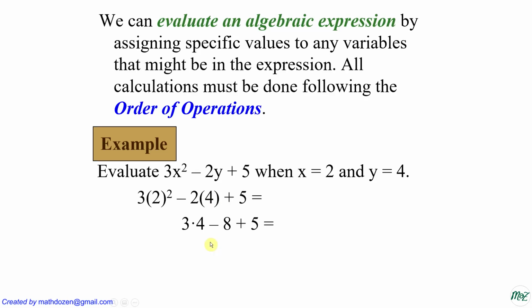Now, following the order of operations, we need to simplify 3 times 4. So that's 12 minus 8 plus 5. Now we have no parentheses, which tells us that we're going to move from left to right and combine elements in pairs. So that's 12 minus 8. So that's 4. And then 4 plus 5 is 9. So the final answer is 9 for this example when we evaluated the algebraic expression.